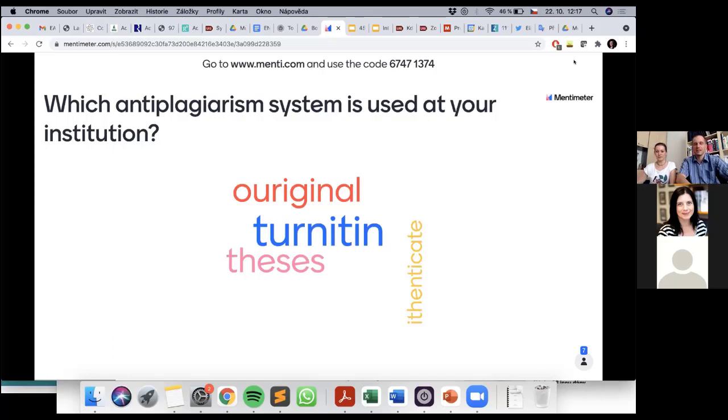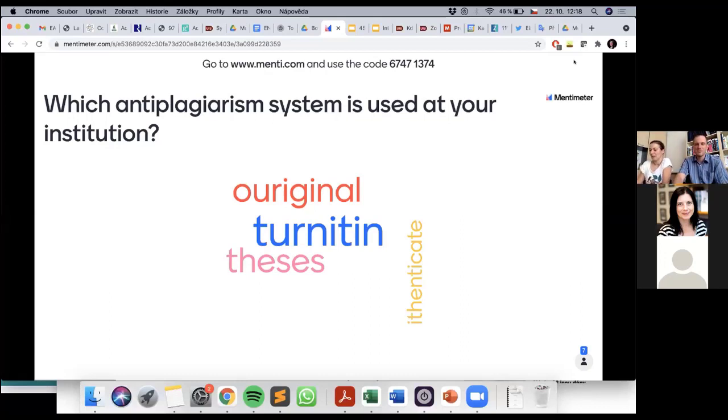Yeah, we have Authenticate, which is basically Turnitin, but with a different interface. Okay, so yeah, Turnitin and Ouriginal are the largest market players in Europe. Turnitin is the world leader. Then we have Theses, which is dominant in the Czech Republic. So apparently we have some participants from Czechia.